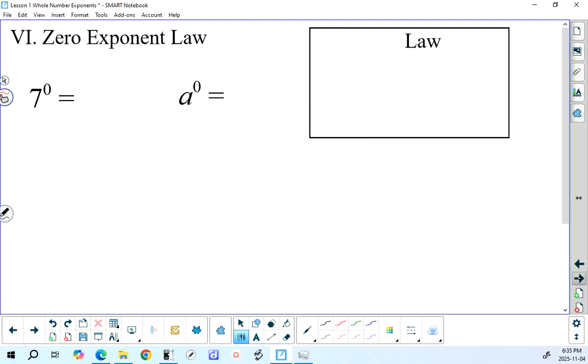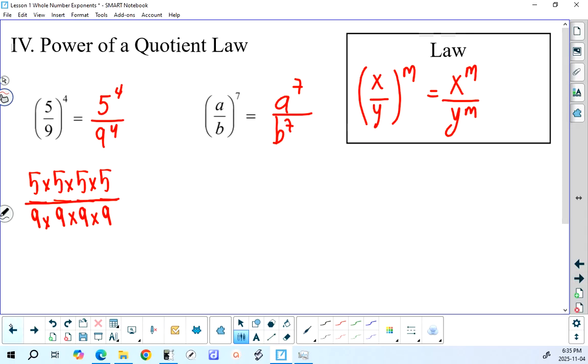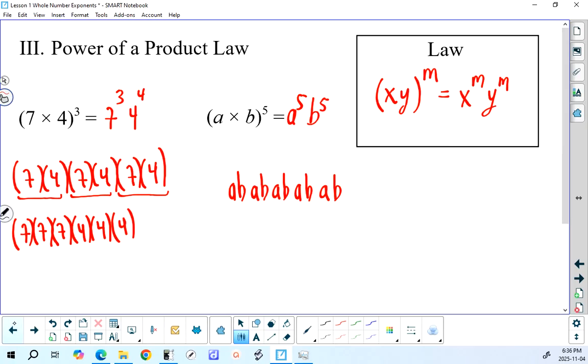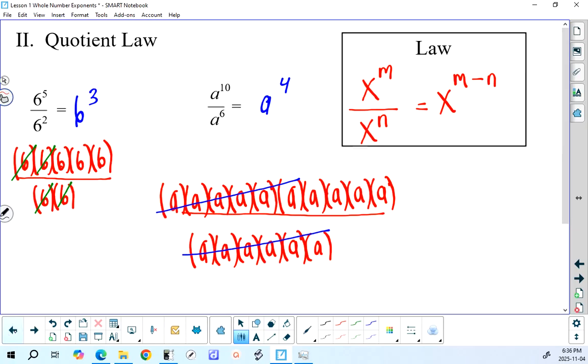The zero exponent law. Well, let's just think about this for a second. How could I get 0 for an exponent? Well, what if I had 7 squared over 7 squared? Well, we know according to this law here that when you have 2 powers that you're dividing and they have the same base, you subtract the exponents.